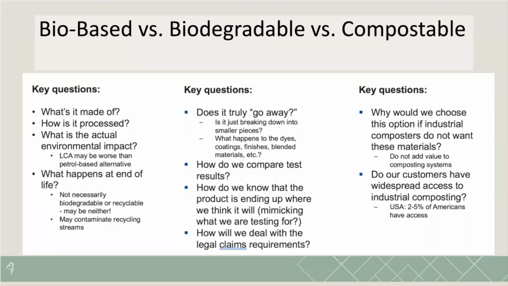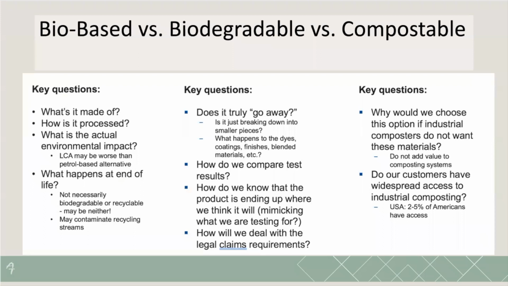With biodegradable materials, the questions to ask are things like, does it truly go away, or is it just breaking down into a bunch of smaller pieces that the naked eye can't see? How do we compare different test results for biodegradability? How do we ensure that a material is actually going into the end location that we're testing against?